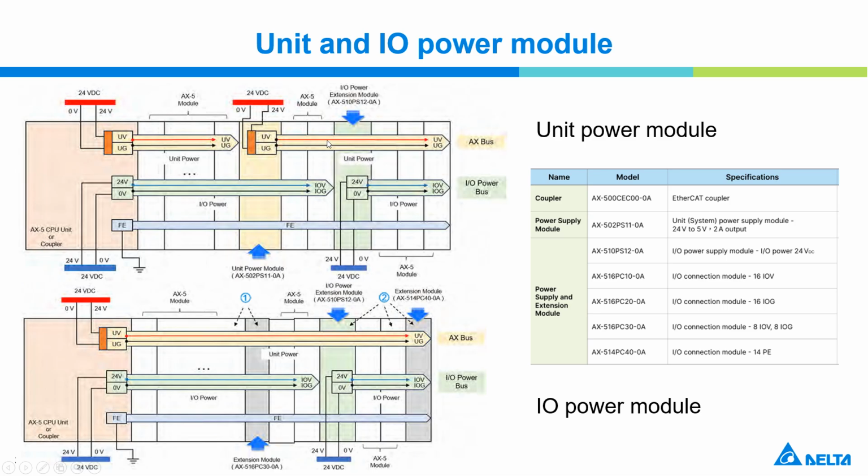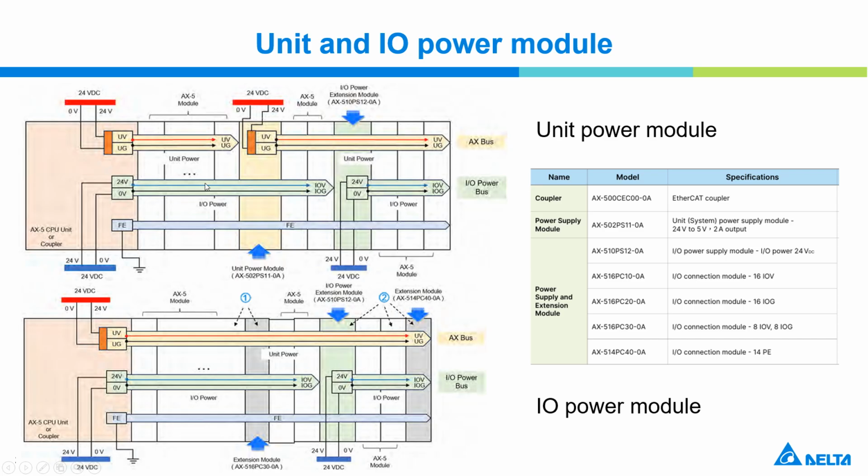For AX5, we separate the AX bus power and the IO power bus. The yellow color one, the power is for communication, meaning the data exchange between the coupler and the IO module.